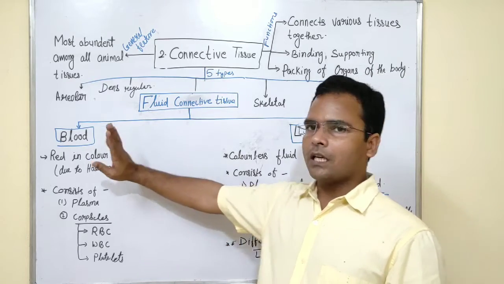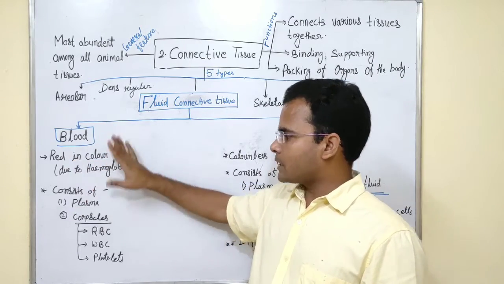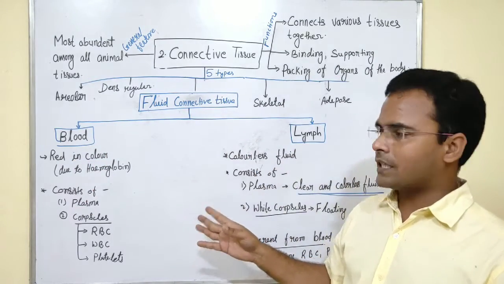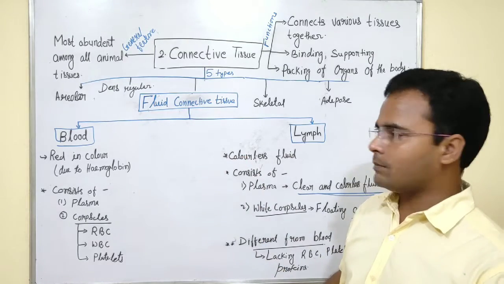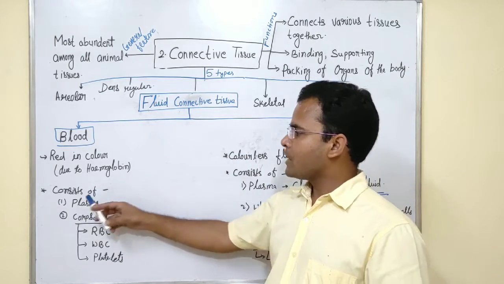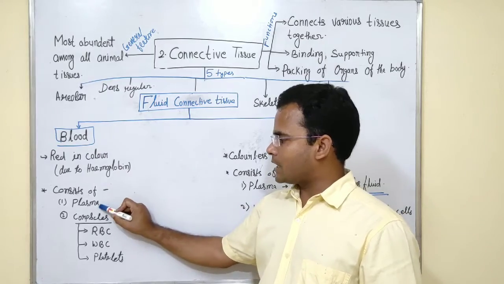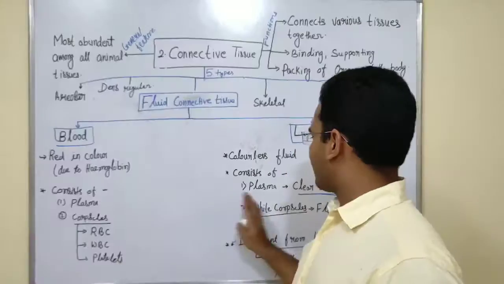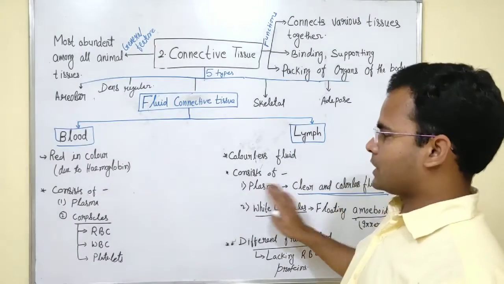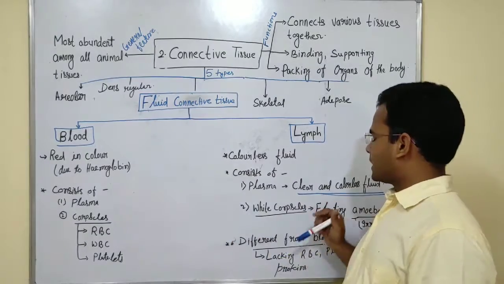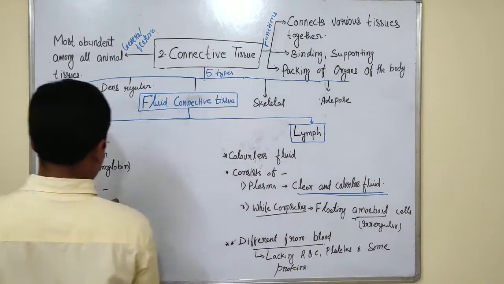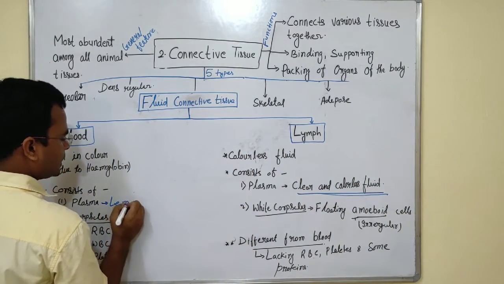We will study that in detail, but since I am compiling the animal tissue part, we will complete it. So it consists of plasma and corpuscles. Blood plasma is different from the lymph because it is lemon yellow in color, while lymph is a colorless fluid.